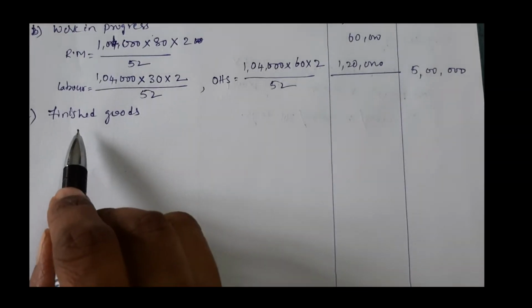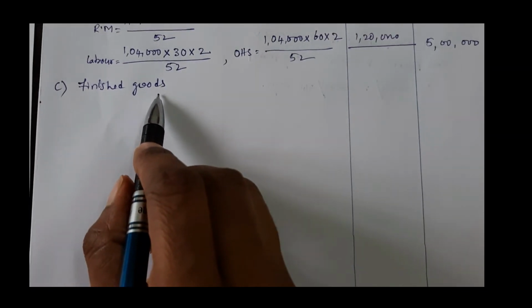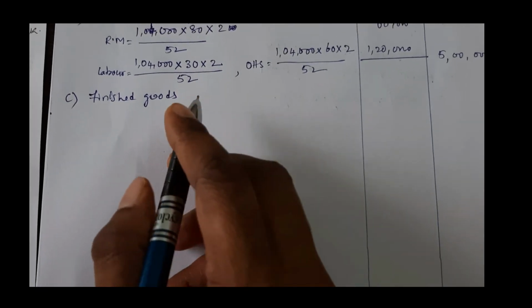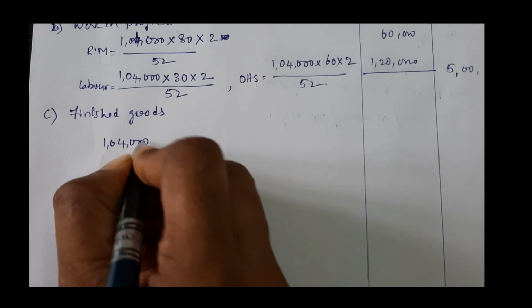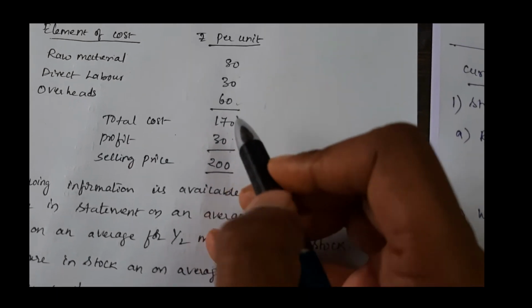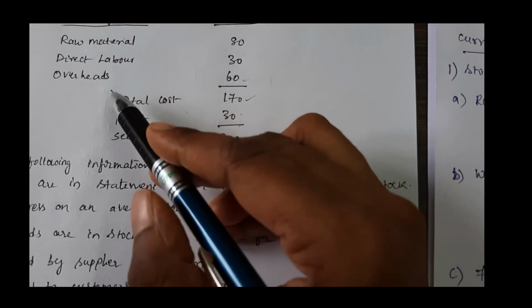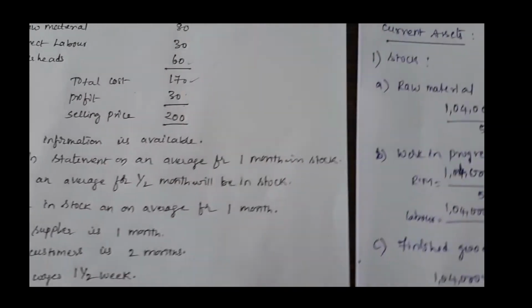Now we have to find out the value of finished goods. So finished goods means total cost we should consider here. Number of units to be produced are 1,04,000 into, we should consider total cost here, inclusion of all elements of cost, raw material, direct labor and overheads.